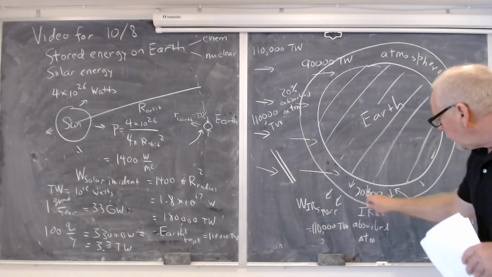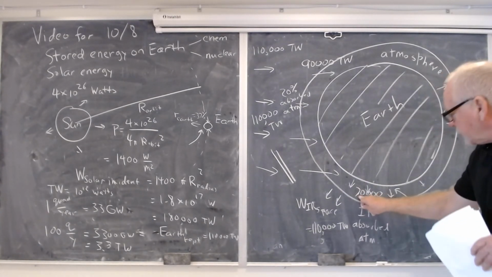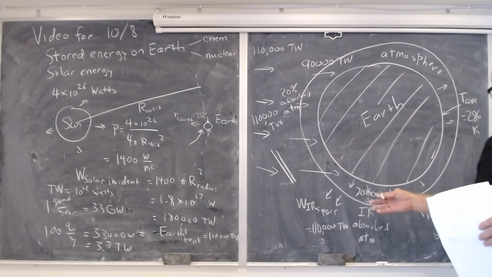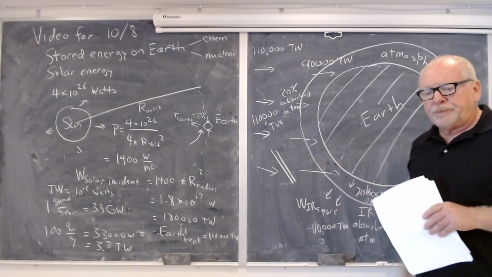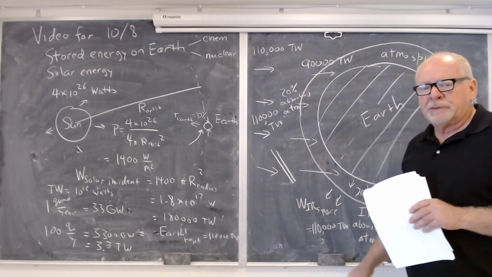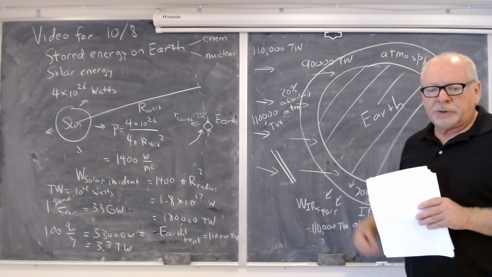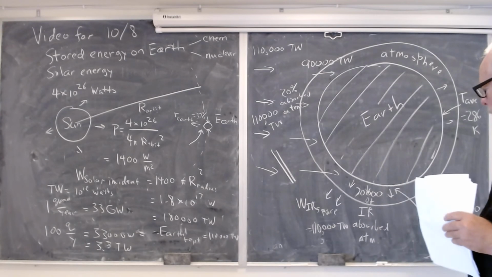And it relies upon this absorption of 70,000 of that IR energy in the Earth's atmosphere. Now, how does that occur? Well, that occurs because of polar molecules in the atmosphere, particularly water vapor, but also carbon dioxide and methane to a certain extent.